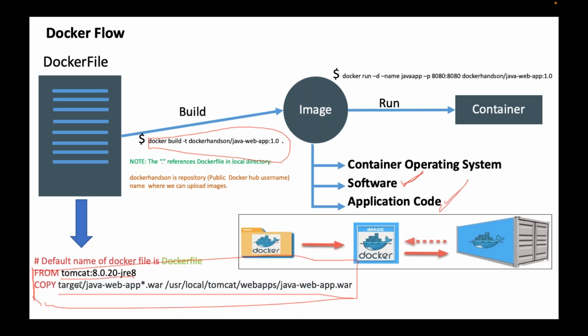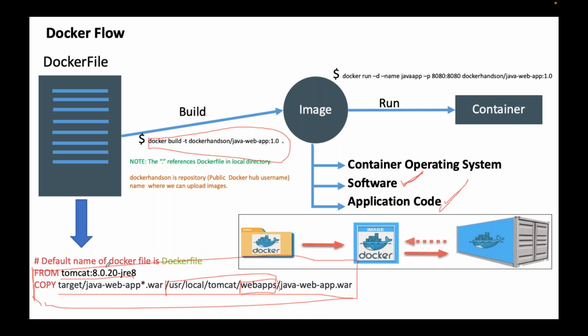On top of that base image, what are we trying to do? We are trying to copy our application into the webapps folder. But where is this Tomcat? Is this Tomcat coming from this base image? Do I have this Tomcat as part of this base image?